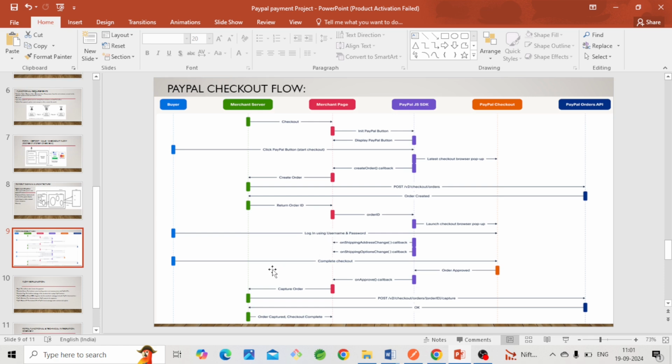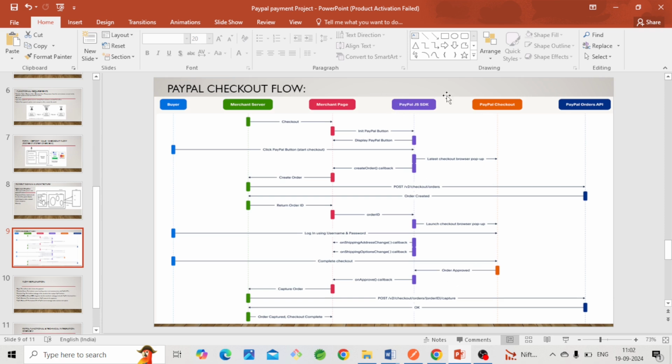Next, the buyer completes the checkout by confirming the payment details. After adding all the payment details, the buyer completes the payment. After the checkout process completes, PayPal returns an onApprove callback. The order is approved and the PayPal checkout completes.